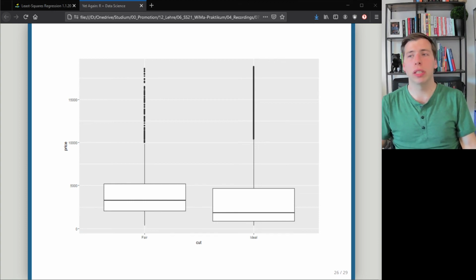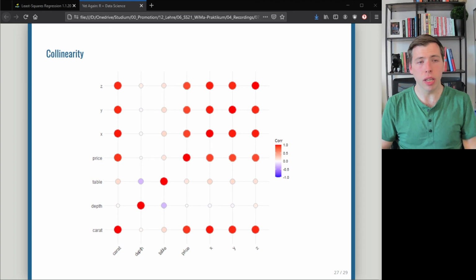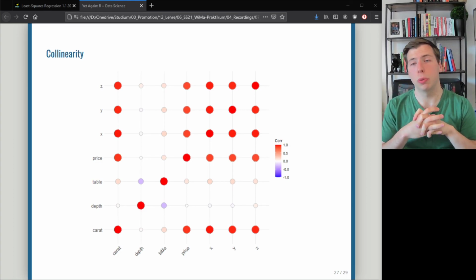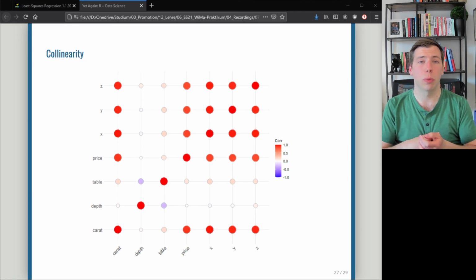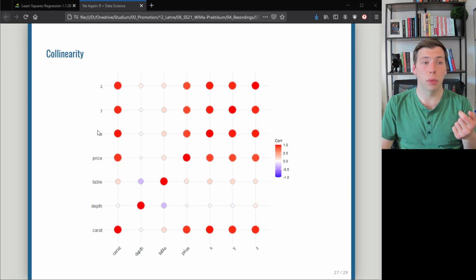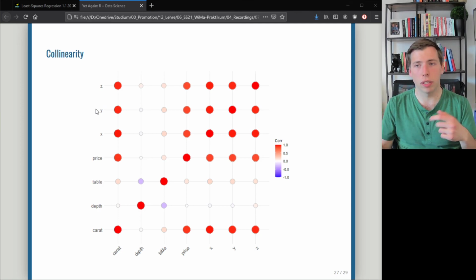One last thing we can run into is the issue of collinearity. So we computed the correlation between price and weight earlier, and of course we can compute the correlation between any two numerical predictors. And in the data set you also have measurements of the diamonds in each direction, so X, Y and Z: length, width and height of the diamond.